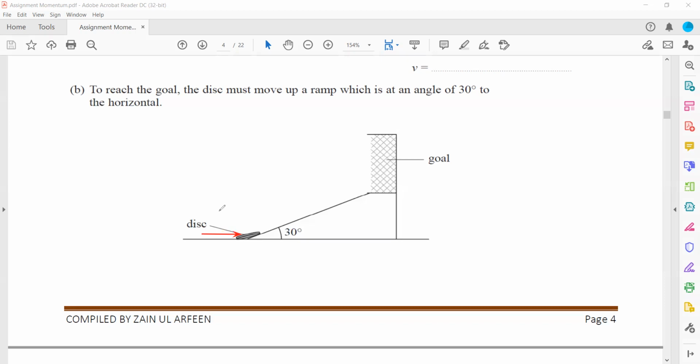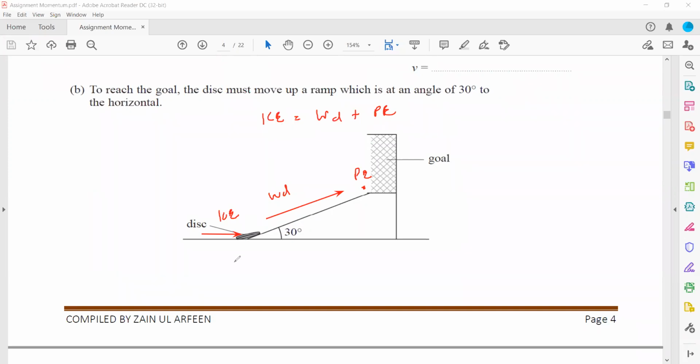Then when it is moving on this inclined surface, there is work done against the friction, and at this point it will have potential energy. So we can write the equation: kinetic energy is equal to work done against the friction plus the potential energy.